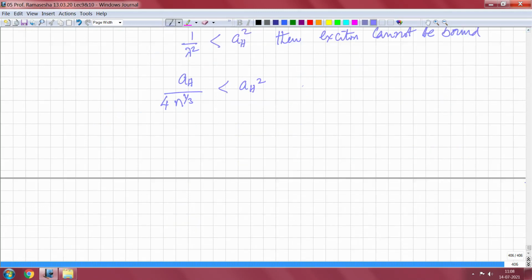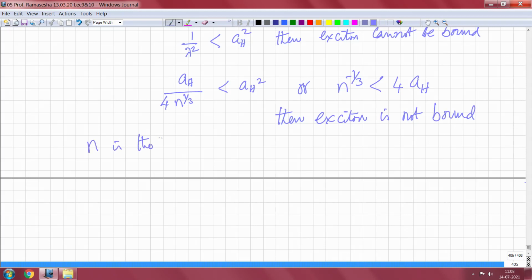Or we have n to the minus 1/3 less than 4AH, then exciton is not bound. n is the electron density in the system, that is equal to total number of electrons divided by volume.